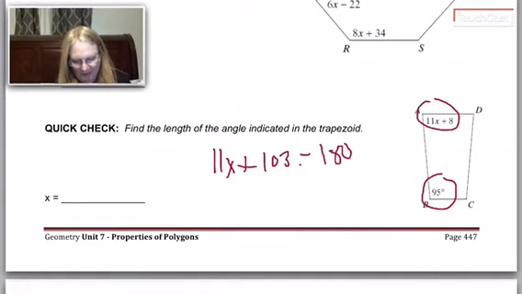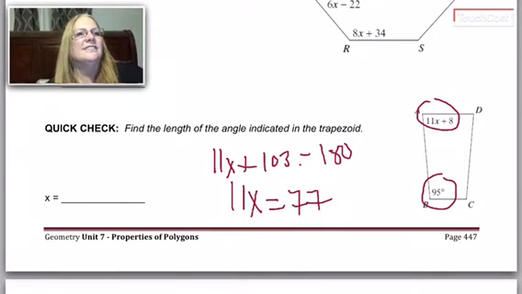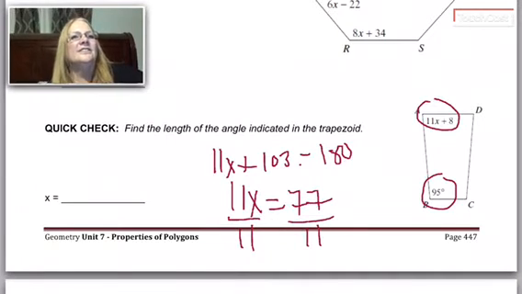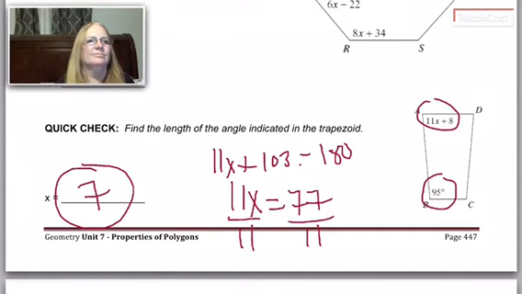And subtract that. It's early, I can't add or subtract yet. Okay, so I get 11x equals 77. And if you divide by 11, you should get x is equal to 7.